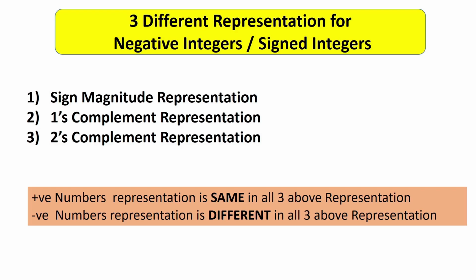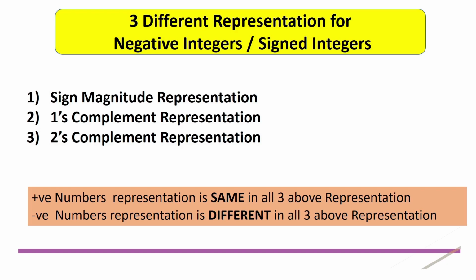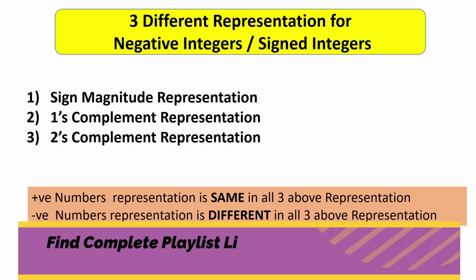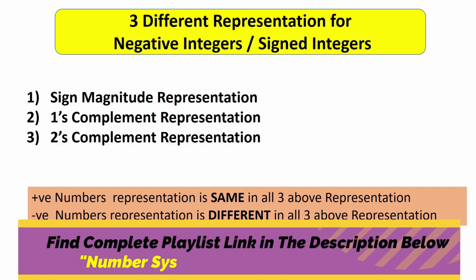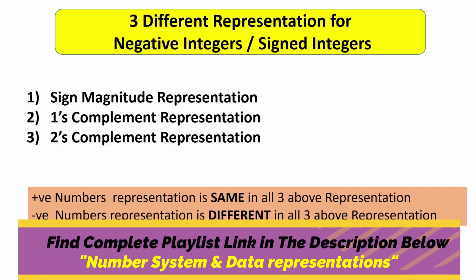This is the main point you have to understand about these three representations. We will discuss each of them in our coming videos, and see how we can express a given number in all three representations.